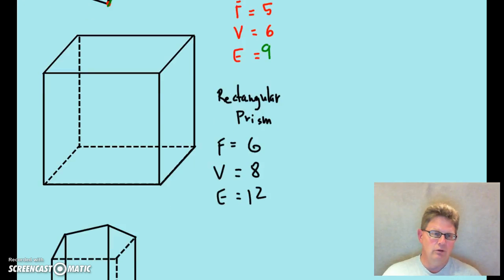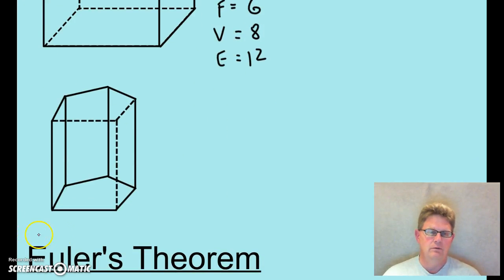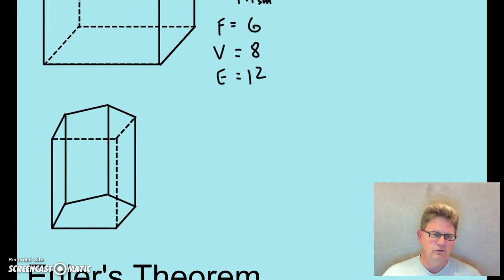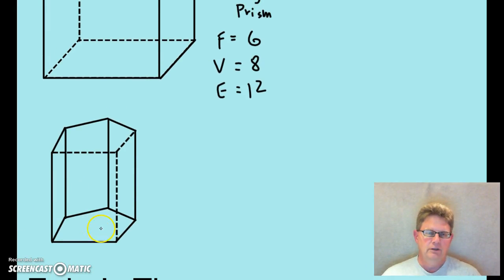And now we will look at the next prism. This prism, don't let it mess with your eyes too much. It kind of looks like a Monopoly hotel, and you're looking at the roof of it, and you're looking at this bottom part. You can't see the top. So this has the 2 bases.